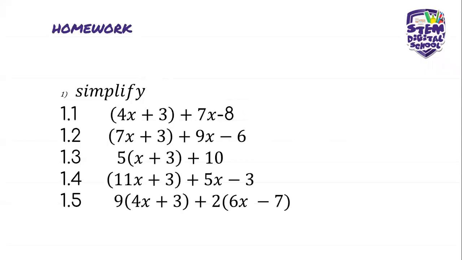So this actually brings us to the end of our lesson, except to say that I can give you homework. Please simplify these expressions, which will certainly go a long way to help you with revision of algebraic expressions. And then when we meet tomorrow, we'll be able to take it forward.